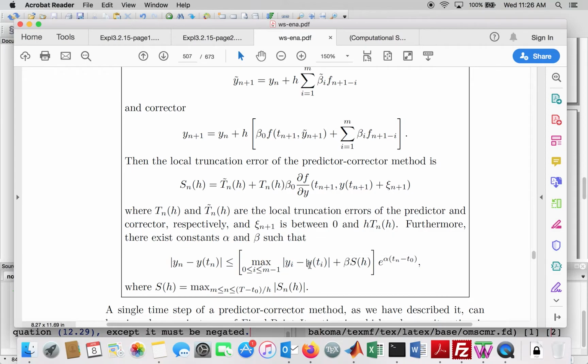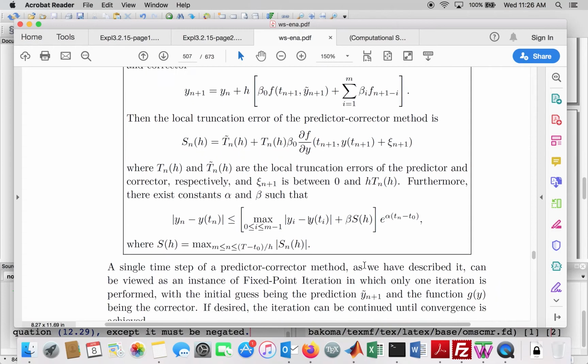Remember, a multi-step method needs starting values generated by a one-step method just to be used at all. But at least we have this error estimate in terms of these starting values and the local truncation error of this method. This is similar to the error analysis for Euler's method that was carried out in a previous class.